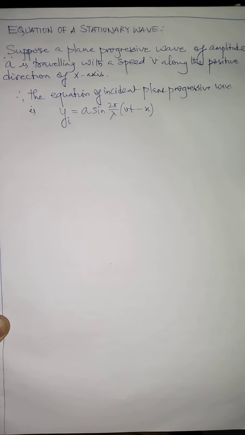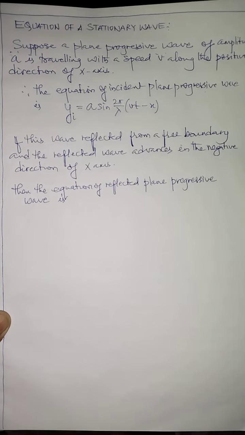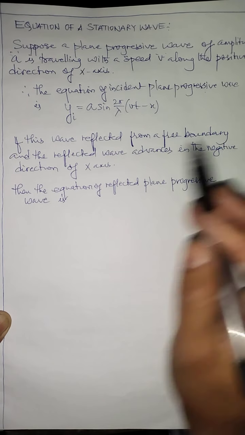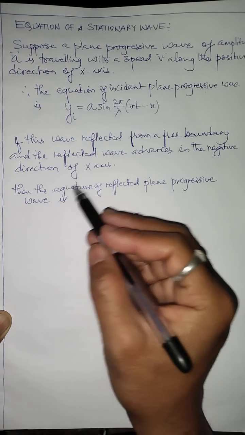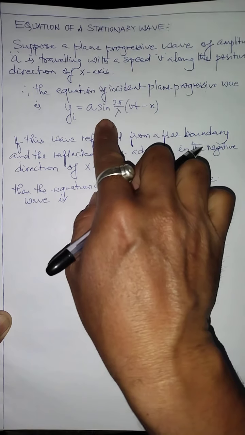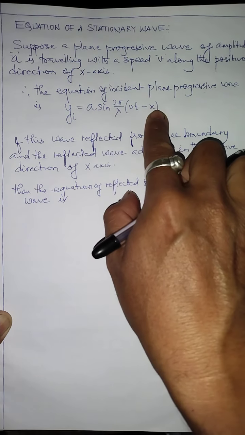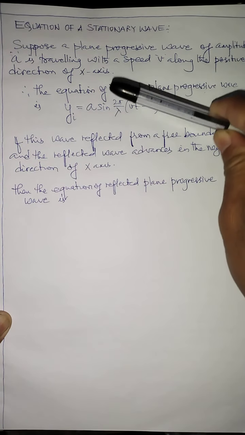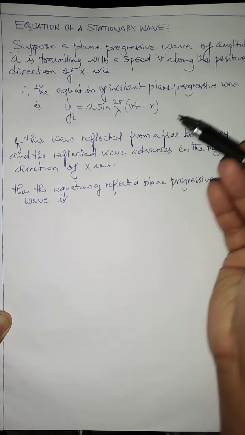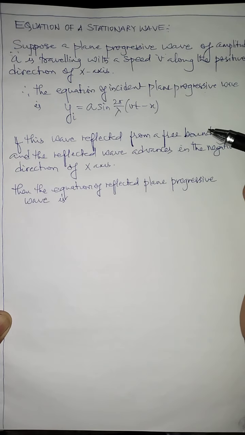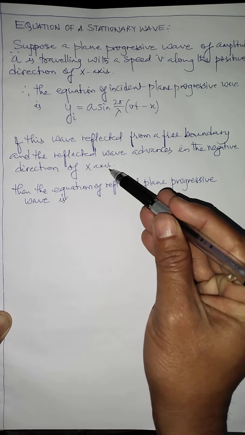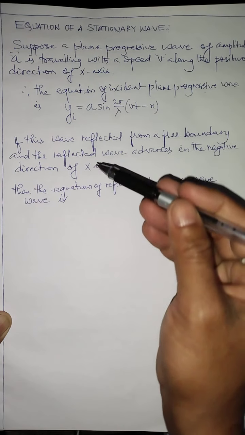Now if the same wave gets reflected from a free boundary, and the reflected wave advances in the negative direction of the x-axis, in that case also the wave propagates in the form of a progressive wave.